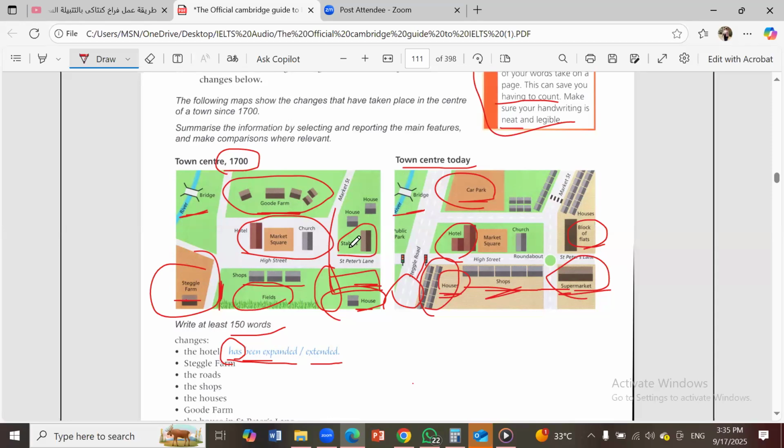Opposite the church. Okay. Or across from the church. Across from the church. Or what can you say also? Can we say on the right of the opposite the church?